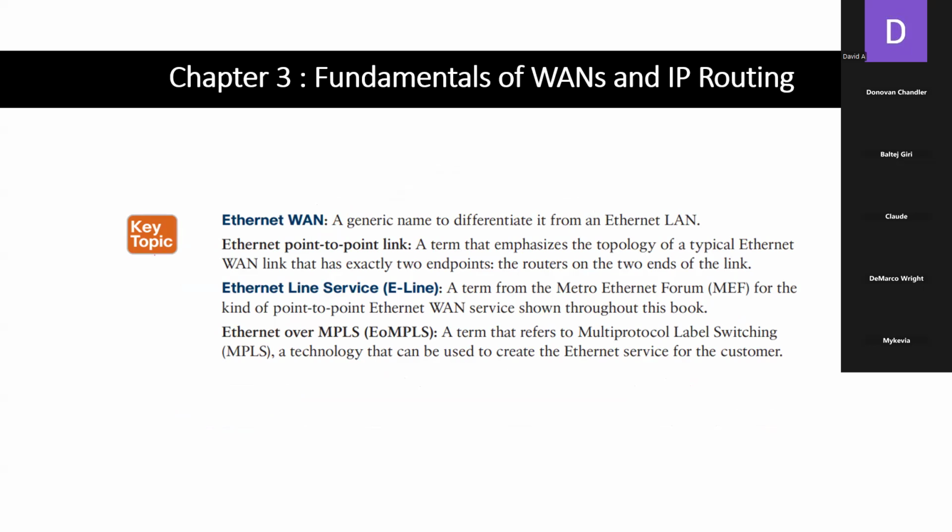This is where I want to make a quick point: we need to slow down and take a look at something. Ethernet WANs create a layer two service. I know we spoke earlier that one of the main jobs of a WAN is providing a physical layer for local area networks, but more specifically, Ethernet WANs create a layer two service. When I was reading the CCNA, it said that Ethernet WAN services include a variety of specific services that vary in ways that change how routers use those services.